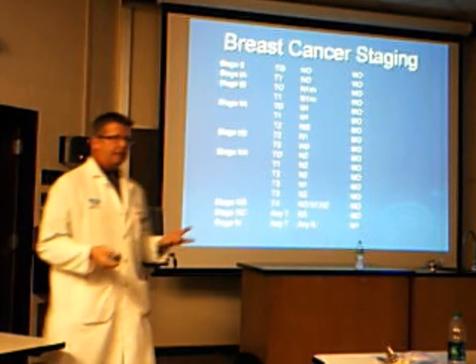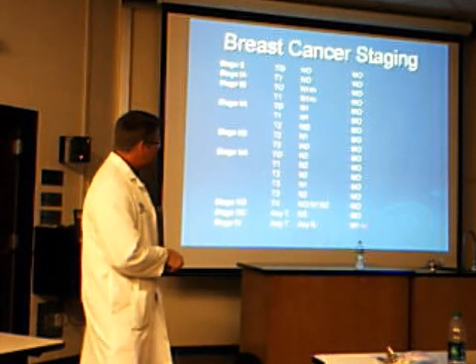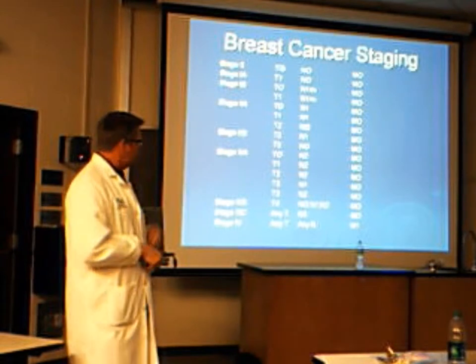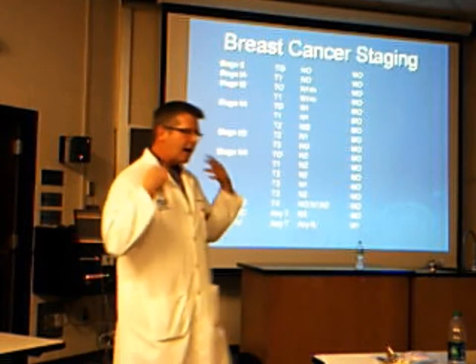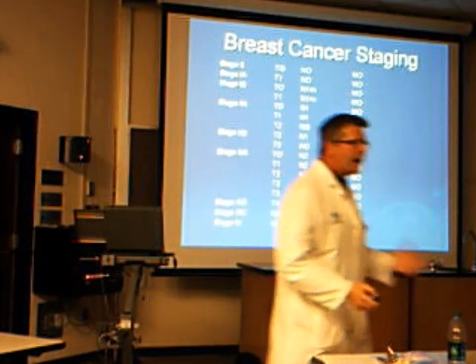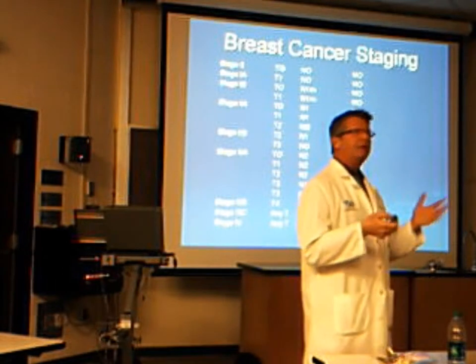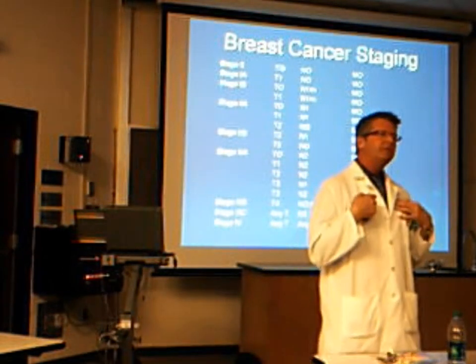M0 is basically, we don't have metastatic or signs of metastatic disease. M1 is metastatic. It's in the liver, lung, brain. Understand though, again, this is a pathologic stage. I'm giving a stage based on an X-ray. I'm not staging this by circulating tumor cells yet. So I'm just saying that I think this is M0.